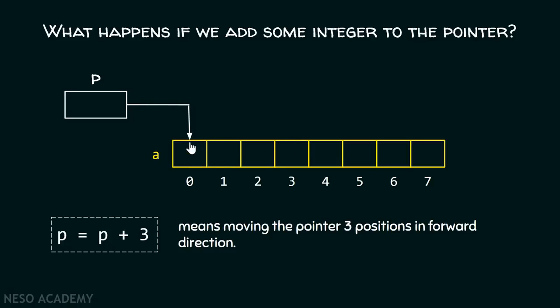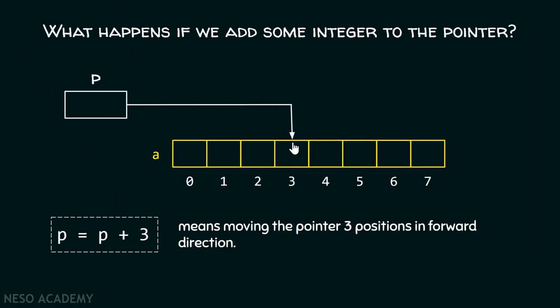You must note the initial position of the pointer. Here in this case, the pointer is pointing to the first element of the array. Now we simply move this pointer 3 positions in the forward direction: 1, 2 and 3. So this is the place where this pointer will land.